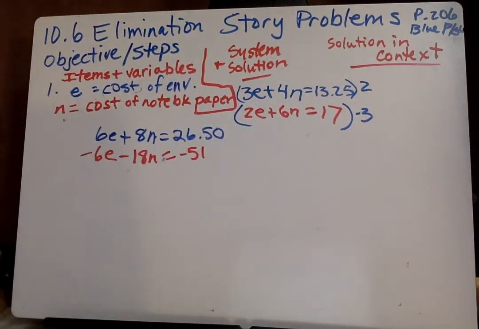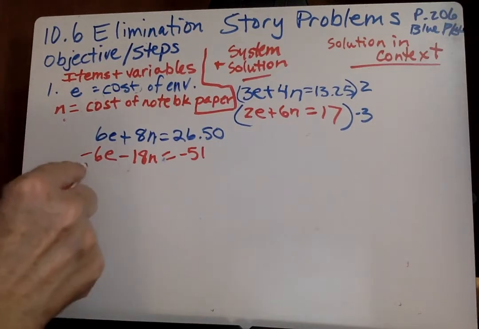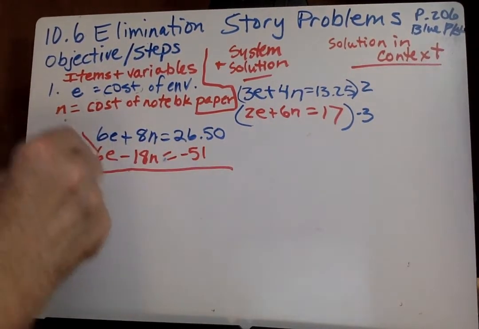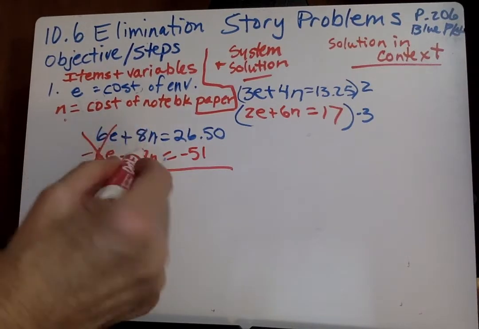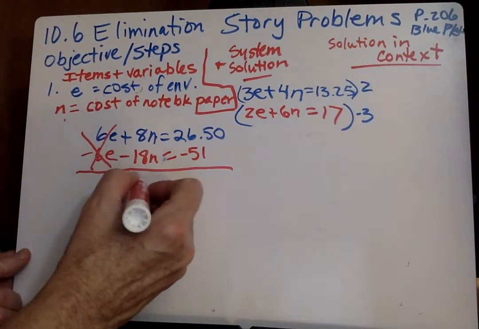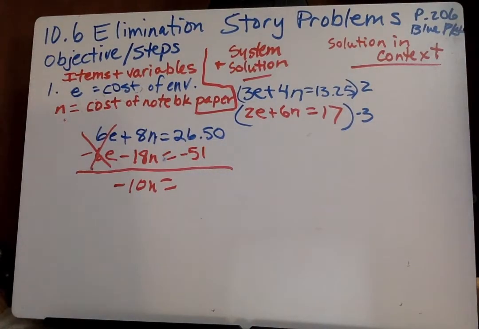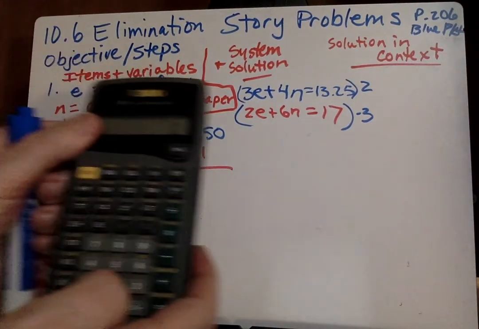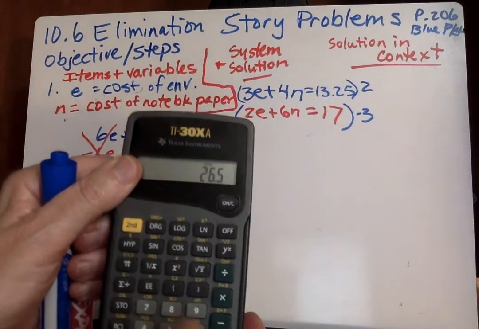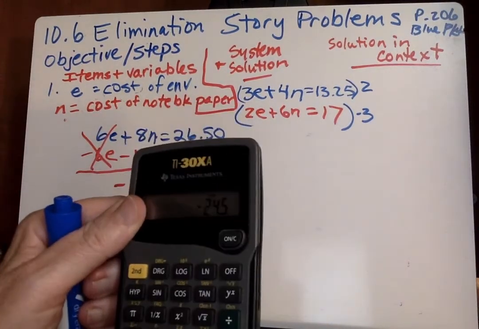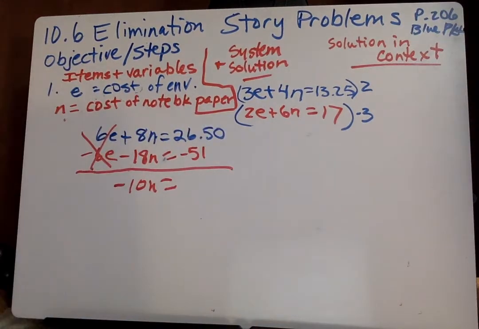51. Okay, now I'm going to combine these, knowing that I get to eliminate an E. That goes away. 8N minus 18N is negative 10N equals, what's 2650? So 26.5 minus 51, negative 24.5.